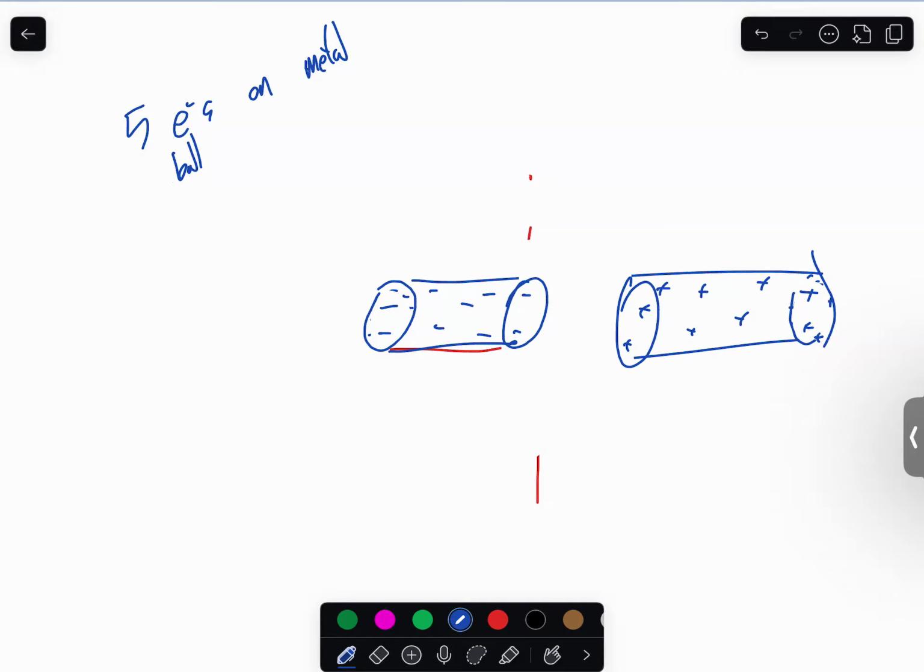I want to emphasize again, there's another thing that I said briefly: the plus charges rearrange themselves. That's a lie. The plus charges don't move. The rest of the atom is so honkin' big compared to the electron; an atom is roughly 1,000,000 times more massive than an electron.